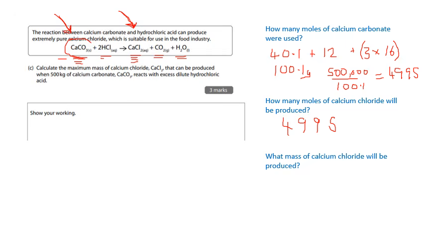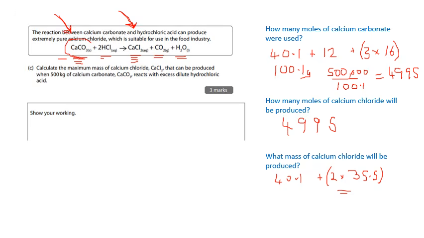Now, calcium chloride is CaCl2, so calcium is 40.1 plus Cl2, so that's 2 times 35.5, which is what it says on the periodic table that we're given.